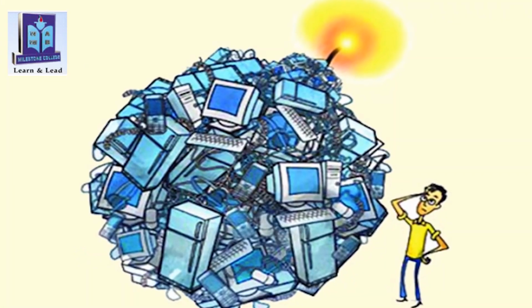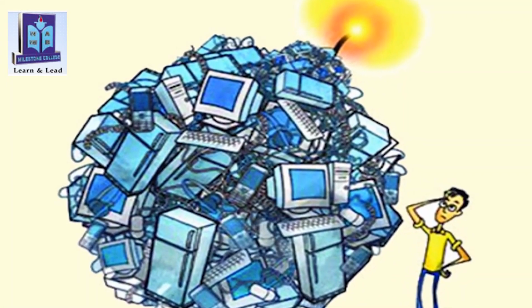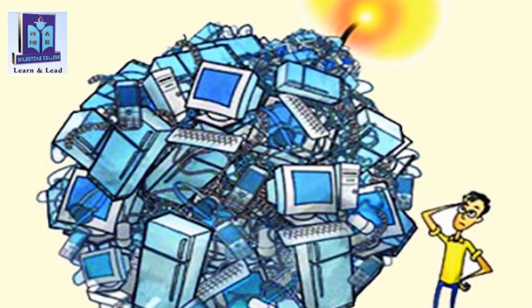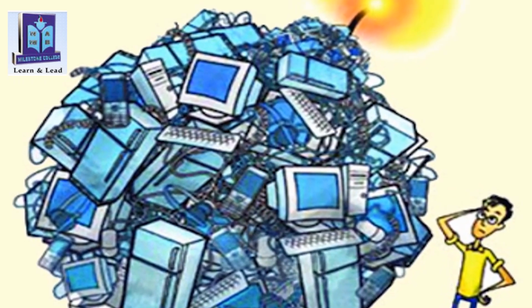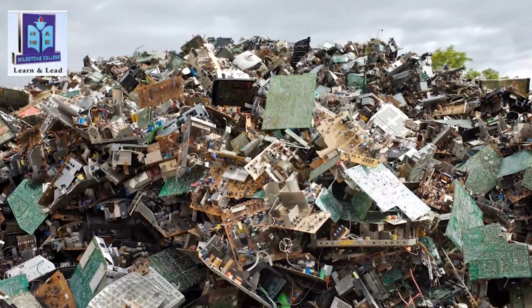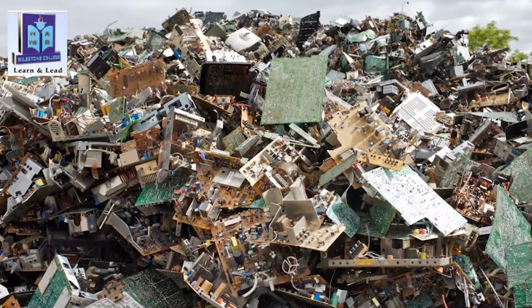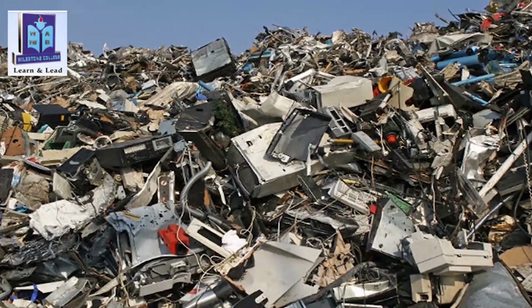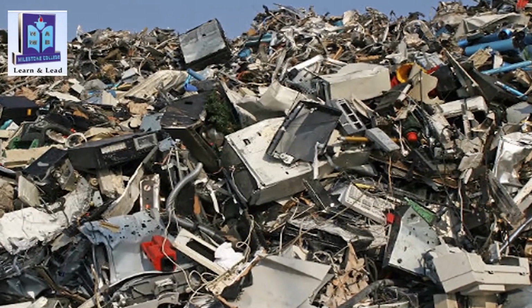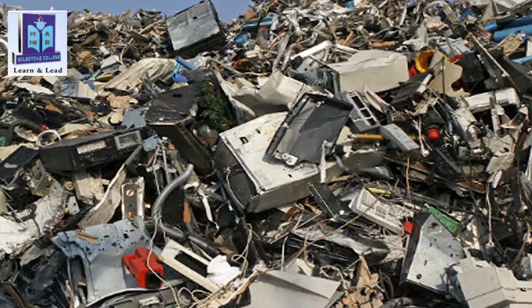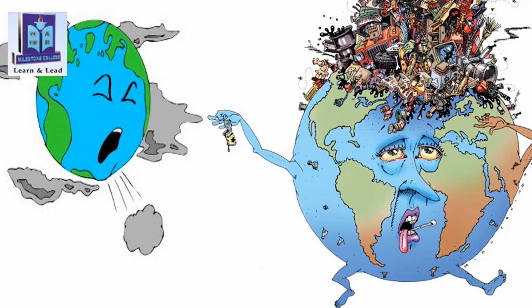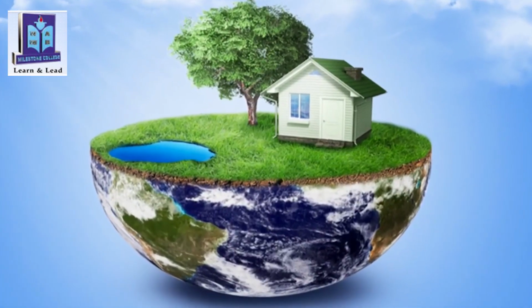When e-waste is warmed up, toxic chemicals are released into the air, damaging the atmosphere. When electronic waste is thrown away inland, their toxic materials seep into groundwater, affecting both land and sea animals. Let us try to reduce pollution and make our Earth a healthier place to live.